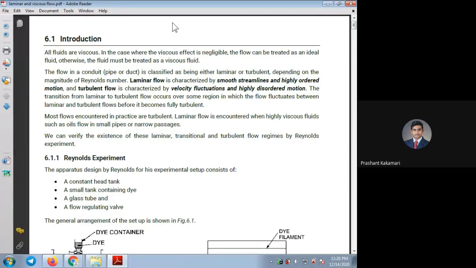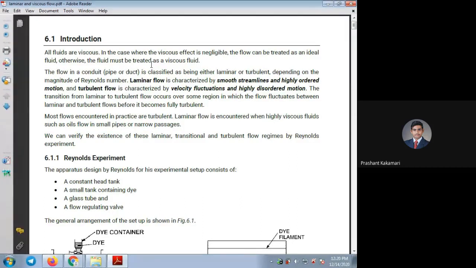So in this chapter, we are going to discuss laminar flow with viscous effects in pipe flow, and one more, the flow between plates. So these two things we are going to discuss in this chapter. So coming to the introductory part, all of you know that many fluids are viscous in nature.